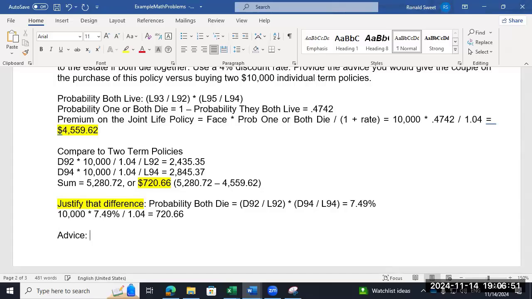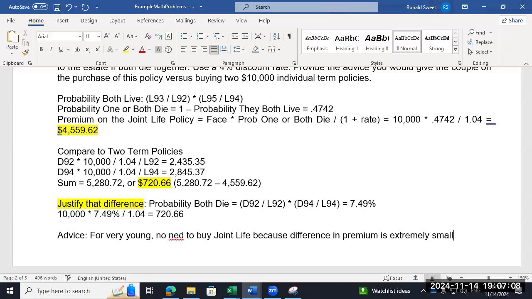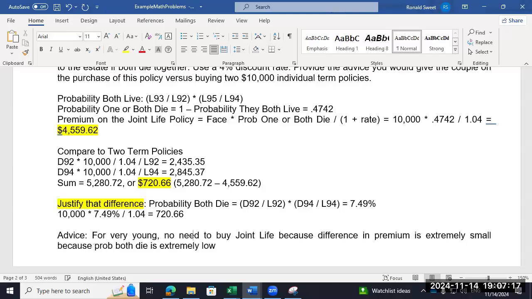We're very young, no need to buy joint life because the difference in premium is extremely small. Why? Because probability both die is extremely low. All right, that's the first point you made.